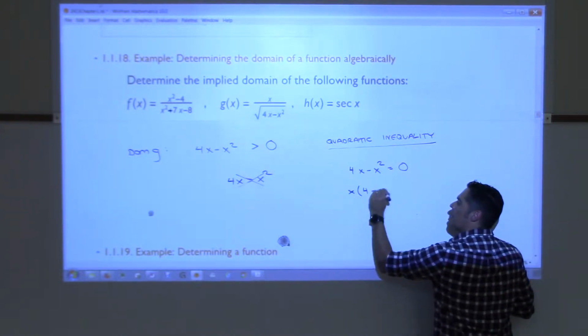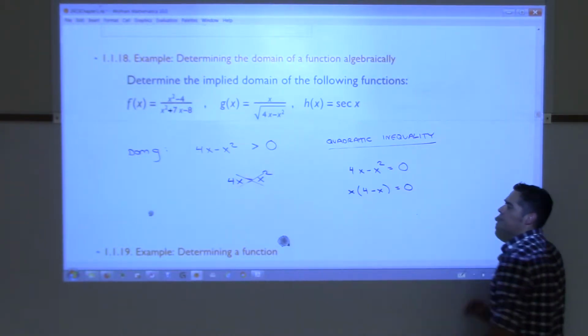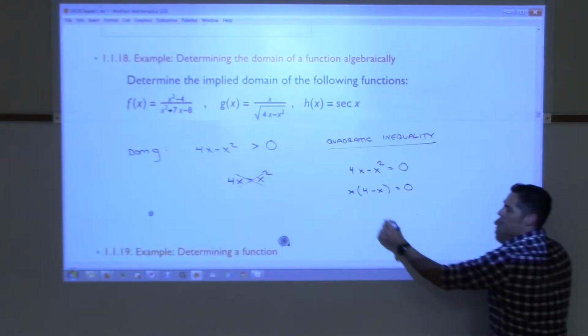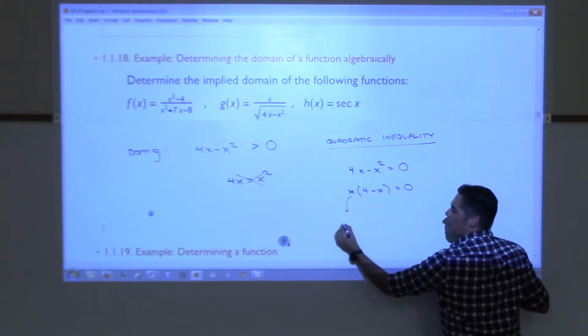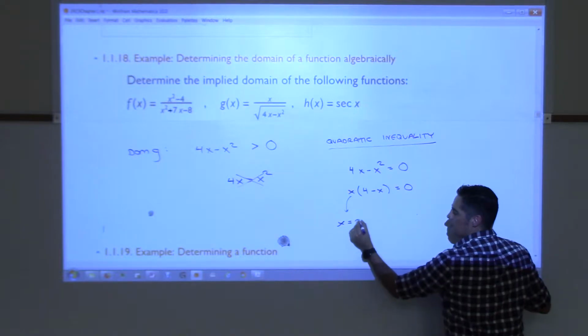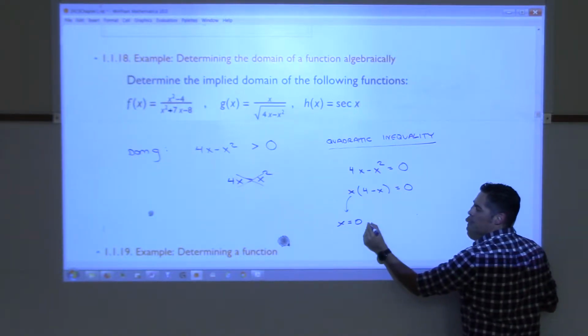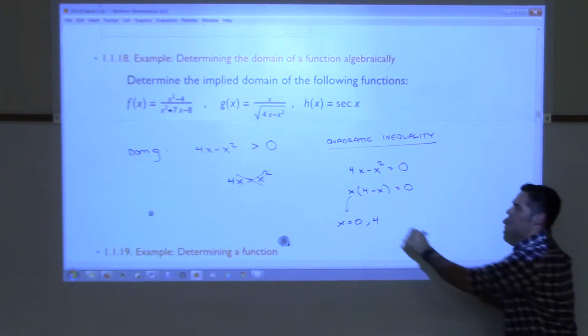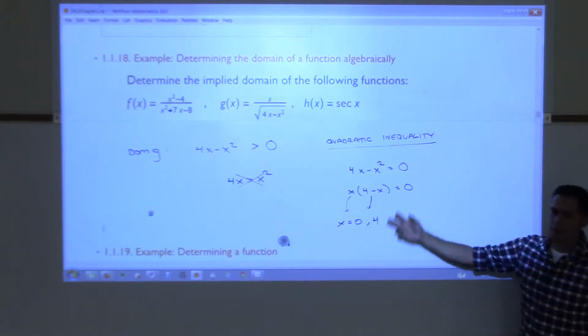Be left with 4 minus x equals 0. So I just pulled the GCF out there, and now you can set each of those factors equal to 0. When I set this to 0, I get x must be 0, and then set that to 0, and you get x must be 4. Okay? So I'm trusting that you could get those from here.